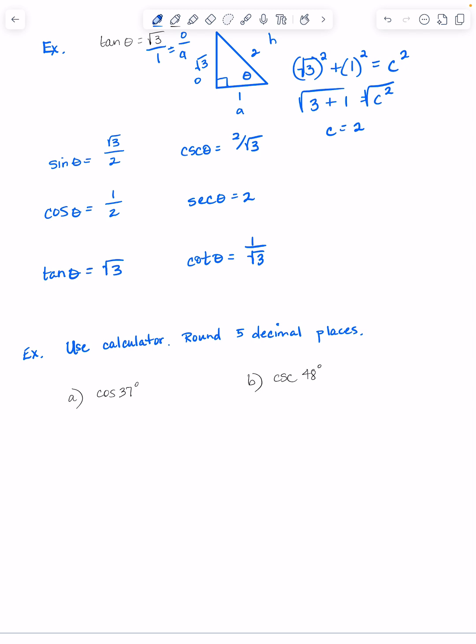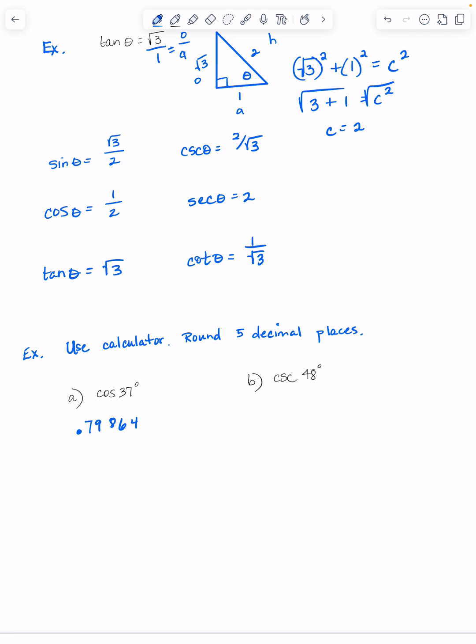I don't know, play around with that. But when you do that, and I round it to 5 decimal places, I get 0.79864.